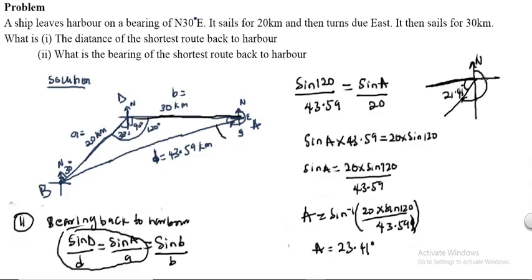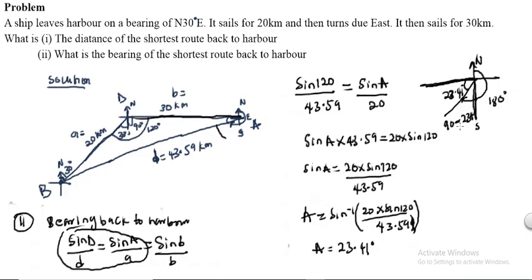We know that angle from here to this point of south is 180 degrees. To get the angle from here to here, we can use the knowledge that since the angle from the west to the south is 90 degrees, this angle here will be 90 minus 23.41, by the way, that was a mistake. So 90 minus 23.41.